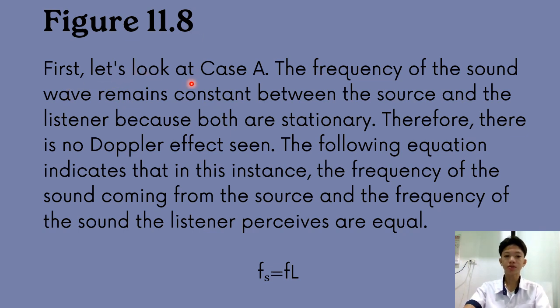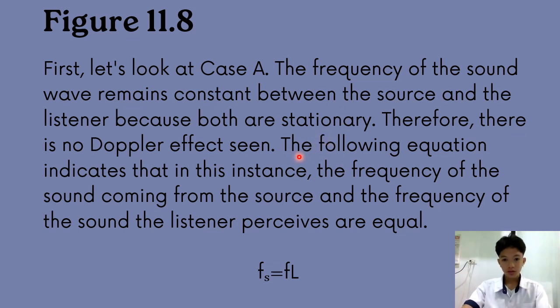First, let's look at case A. The frequency of the sound wave remains constant between the source and the listener because both are stationary. Therefore, there is no Doppler effect seen, because there is no wave frequency shift.